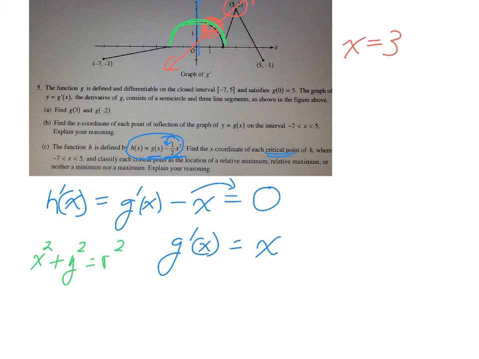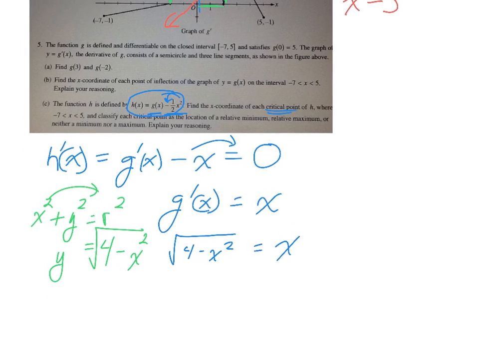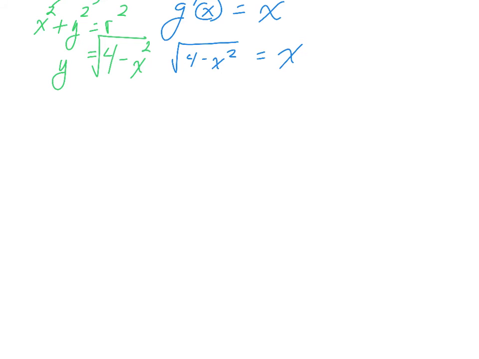If I do a little rearranging, my radius is 2, so that's going to be a 4. I'm going to move my x squared over, and that becomes negative x squared. Now that is y squared, so I'm going to take the square root of that whole thing. So now what I have is g prime x is, at this point, the square root of 4 minus x squared, and we want that to equal x. Now I'm running out of space, so I'm going to slide this up and solve this little piece right here.